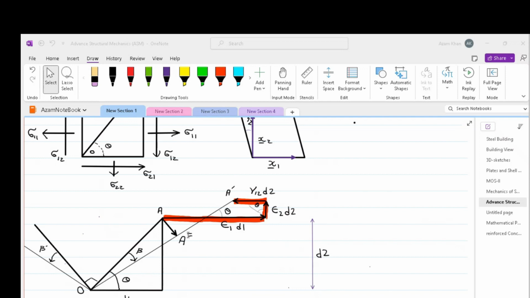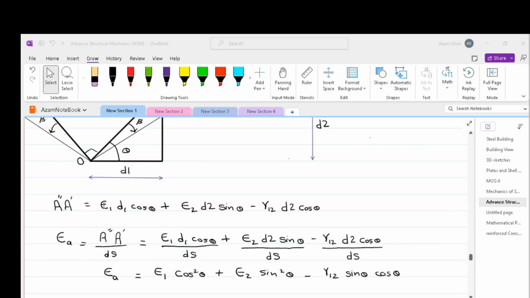The parallel component A dash represents the increase in length of OA, whereas the perpendicular component A double dash causes the change beta in the angular position of OA. The magnitude of A dash is found by projecting strain 1 D1, strain 2 D2 and gamma 1 2 D2 upon the direction OA.